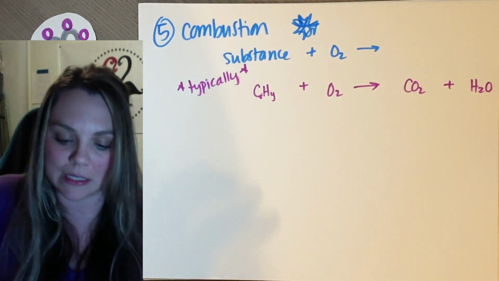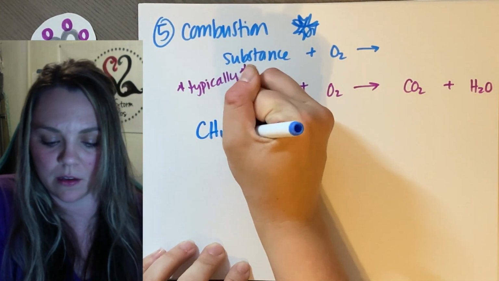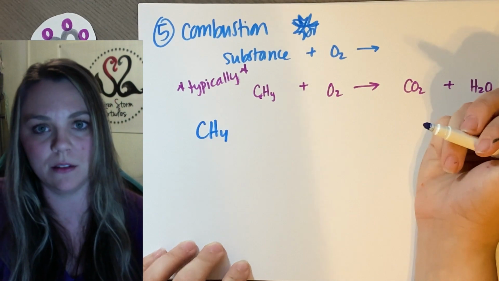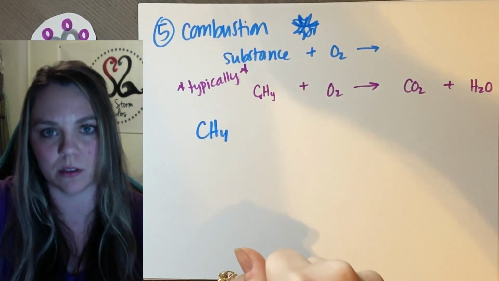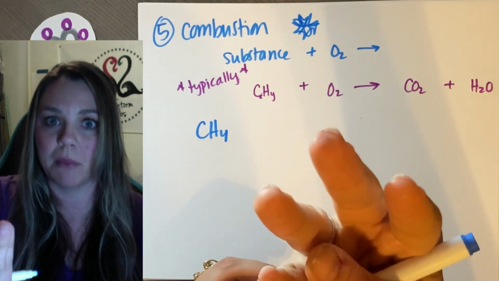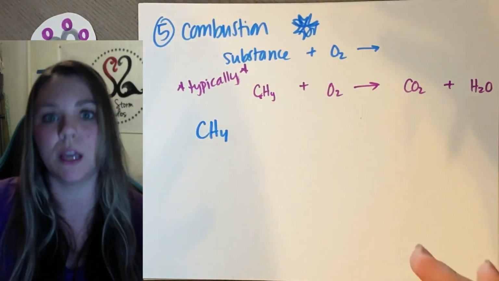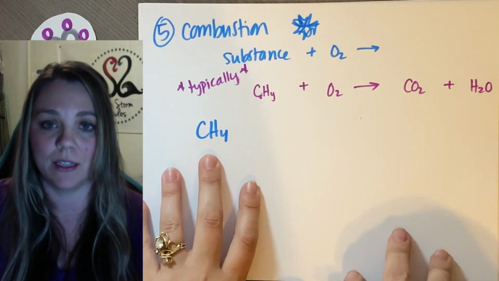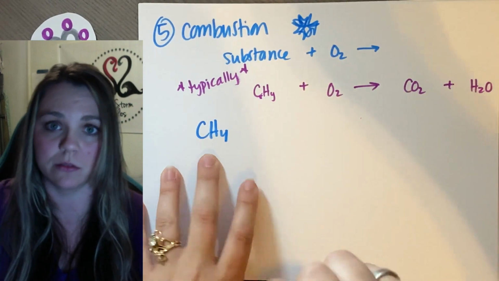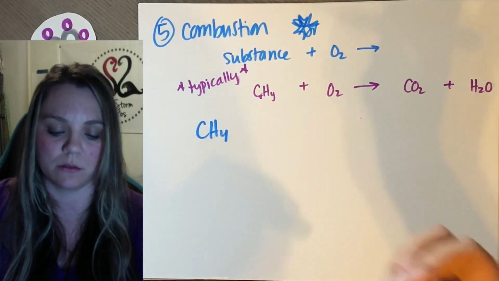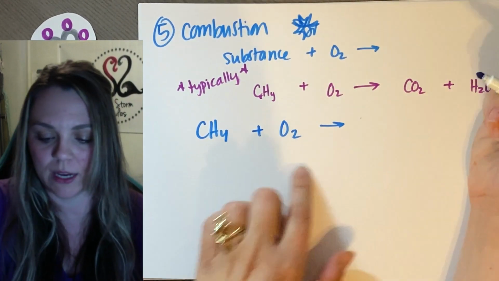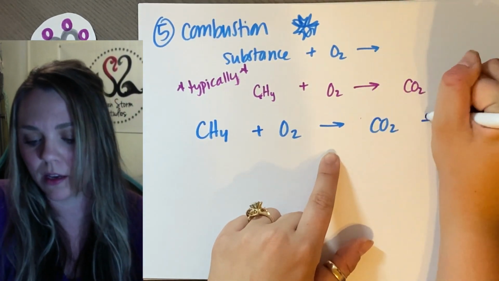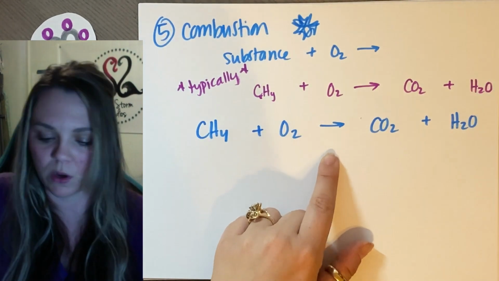Okay, so the really easy example would be CH4, which is methane. That's what comes out of your, like if we turn on the Bunsen burners in lab, methane is what's coming out. If you are cooking on your stove and you have a gas stove, you turn on the stove, methane is coming out of your stove, okay? So methane plus oxygen reacts to make carbon dioxide and water.